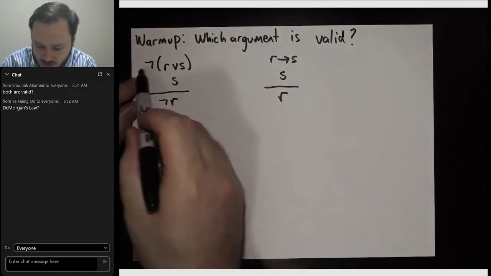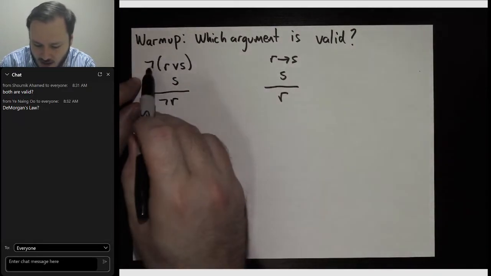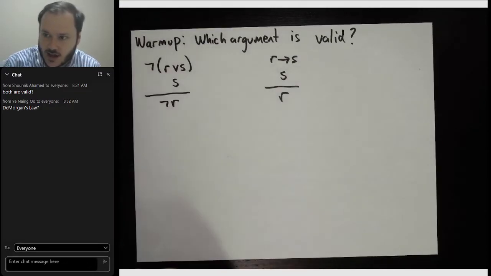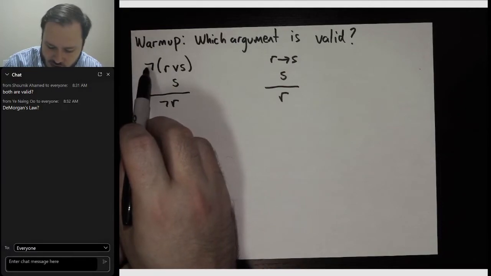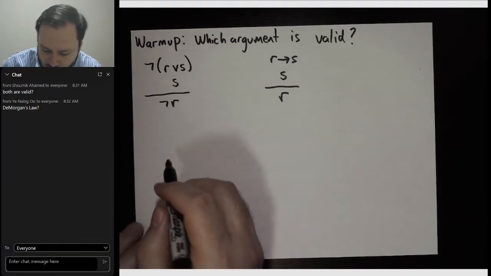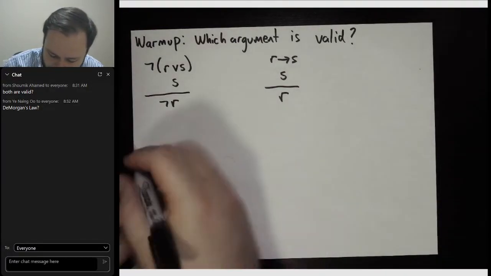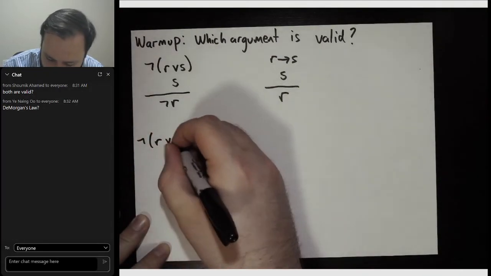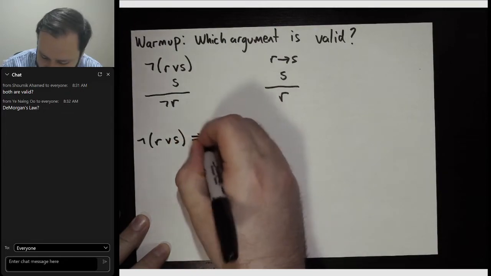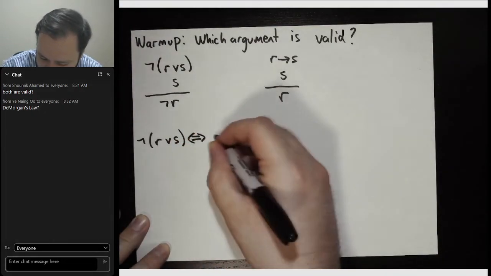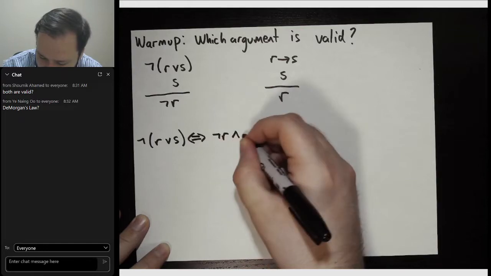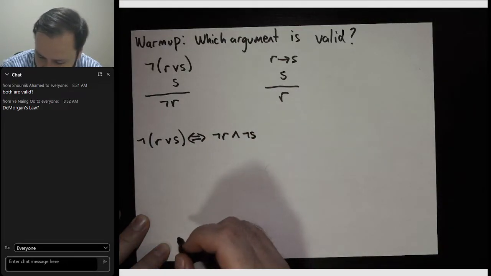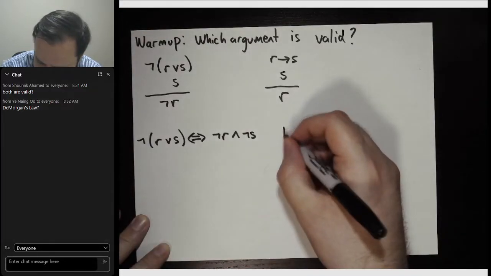So this top proposition, we have a negation outside of a disjunction, and we can push this negation through the parentheses by using De Morgan's law. So I can say that not (R or S) is logically equivalent to not R and not S. And this is by De Morgan's law.